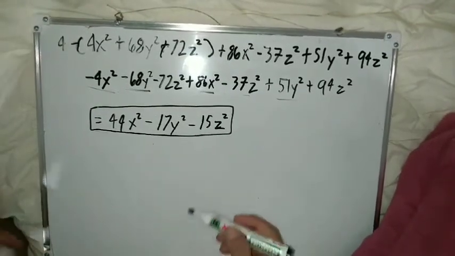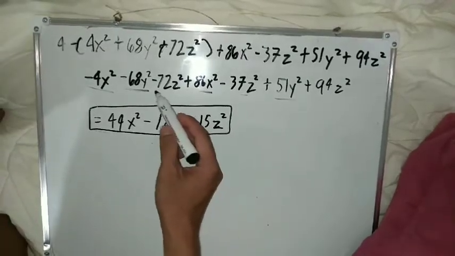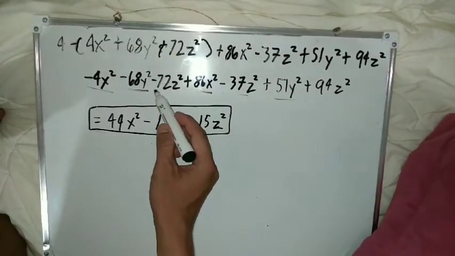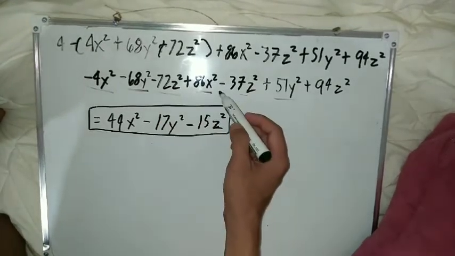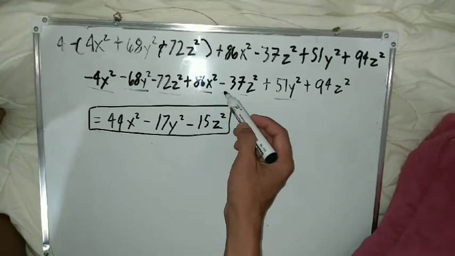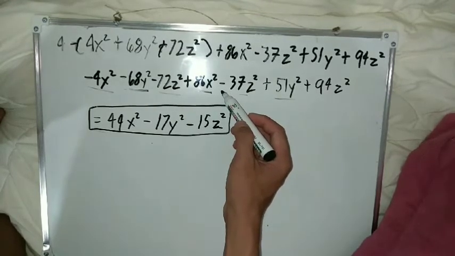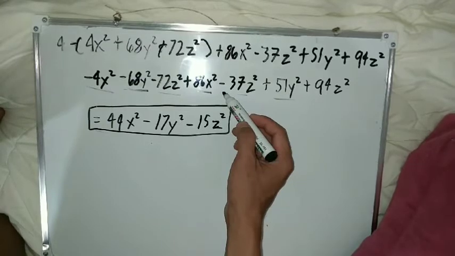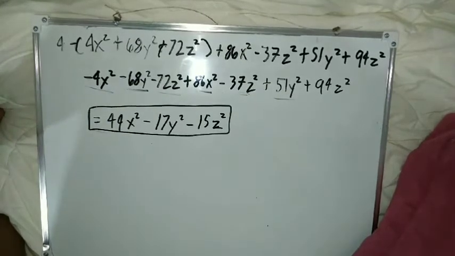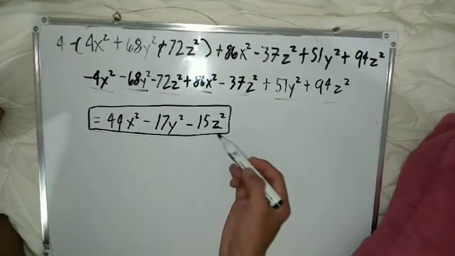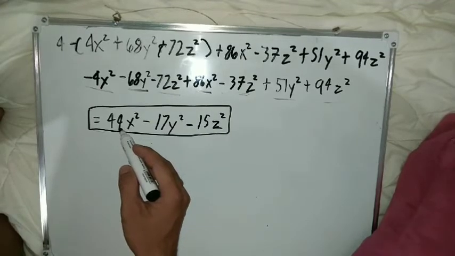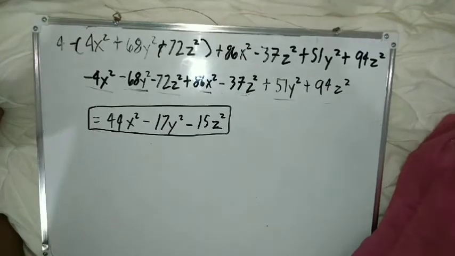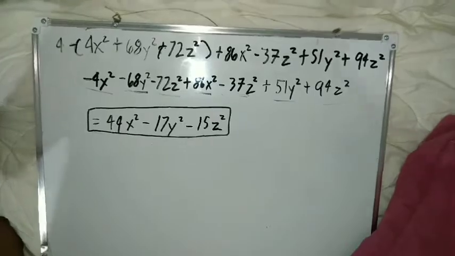Then solve for negative 72z squared, minus negative 37z squared and positive 94z squared. So the answer is 15z squared. So the answer is 44x squared minus 17y squared minus 15z squared.